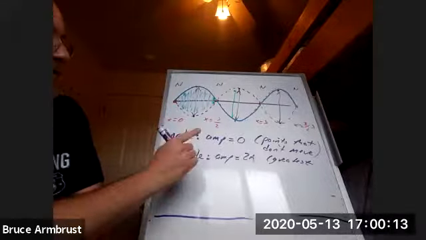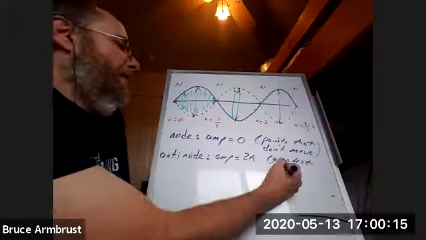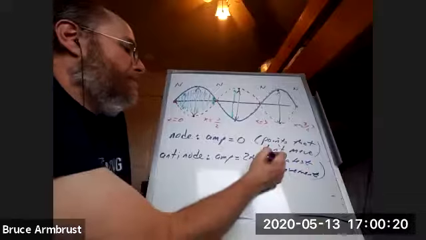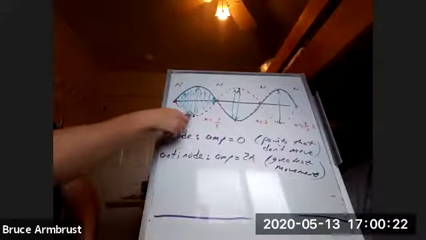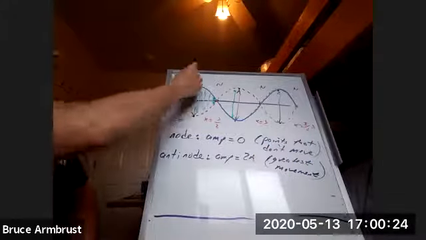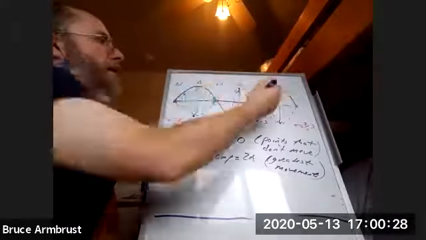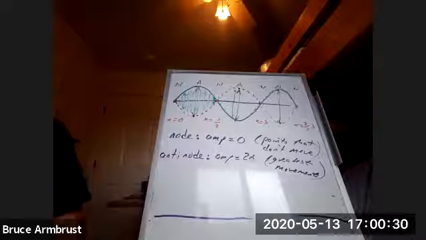So antinodes, those are going to be the places that have the greatest movement. And so that's these black dots. So I'll put an A over where the antinodes are located. So we've got nodes, we've got antinodes, and they alternate.